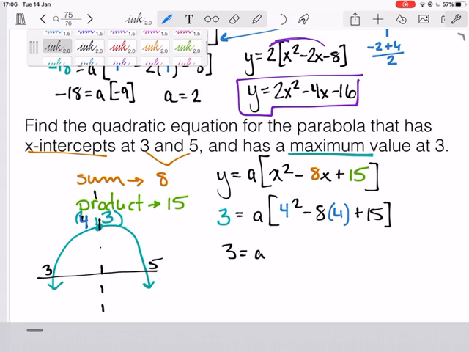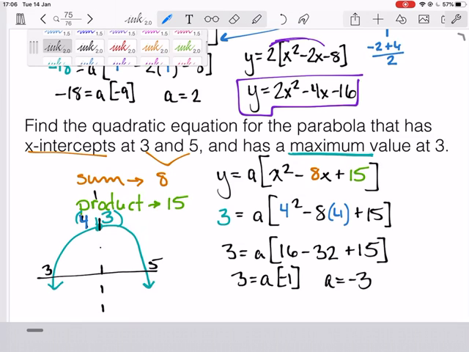So then now I've got 4 squared is going to give me 16, minus 8 times 4 is going to give me 32. So then 16 minus 32 I know is going to give me negative 16. Negative 16 plus 15 is going to give me negative 1. Which means my a, whenever I divide that negative 1 over, is going to be equal to negative 3.